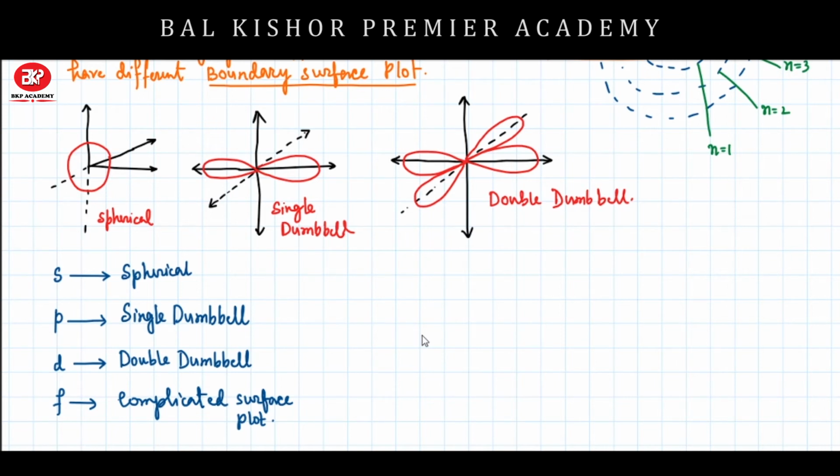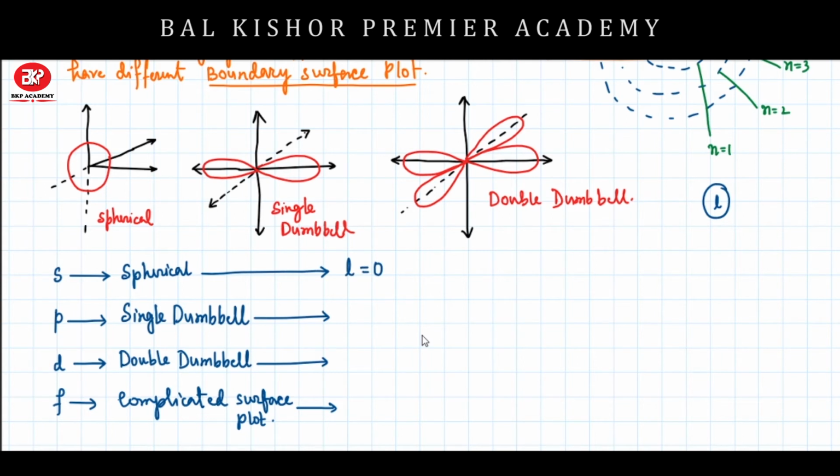Now, since the boundary surface plot of an electron in the S subshell is spherical, different subshells will have different azimuthal quantum numbers. And we know that the azimuthal quantum number is denoted by small l. For the S subshell, the l value will be 0.